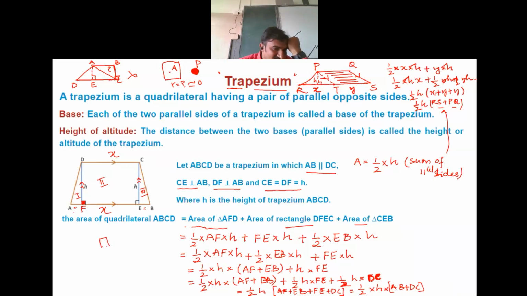This is a polygon having 4 sides. This is a polygon having 3 sides. A polygon having 5 sides. Likewise, when you increase the number of sides, there will be a chance when the number of sides are very large. When the number of sides are large, it looks like a circle.